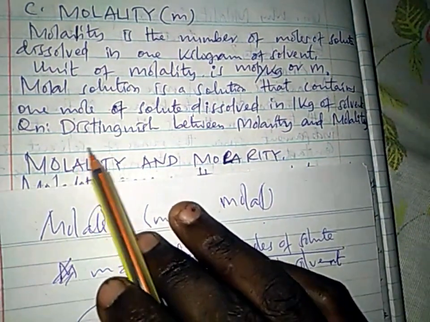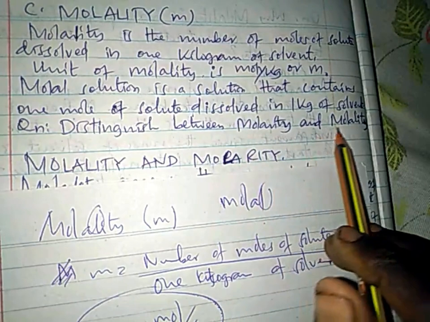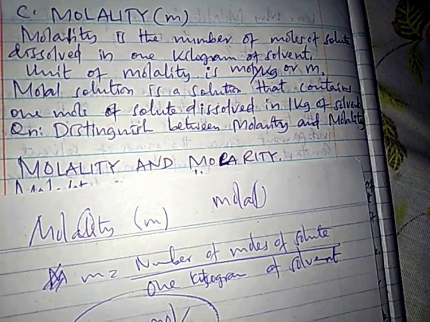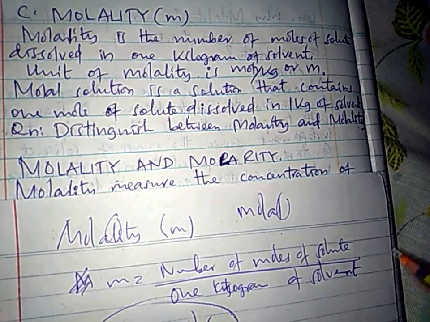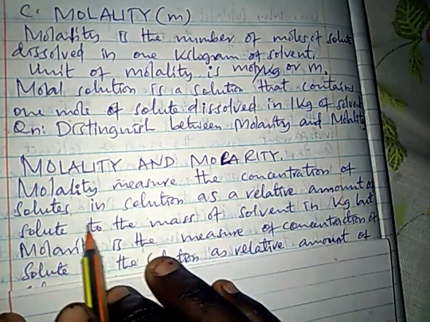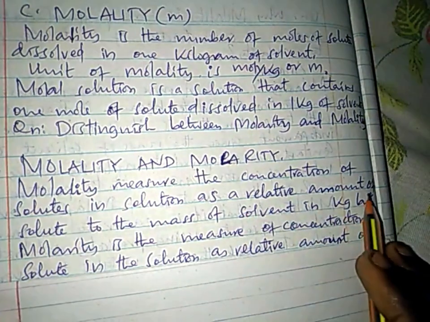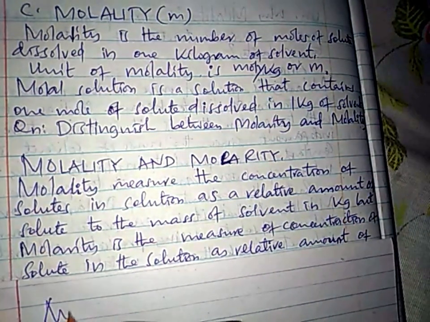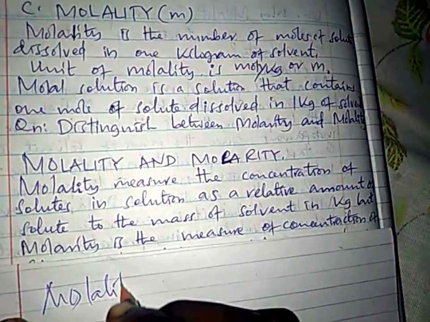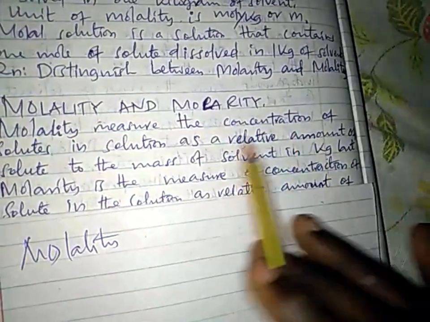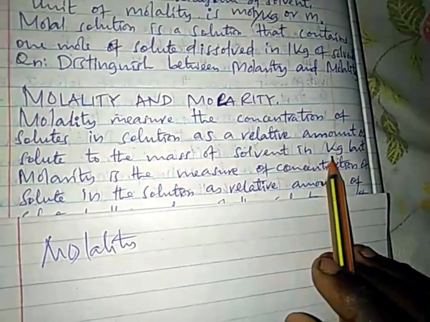And we have the question, for example, distinguish between molarity and molality. For the case of this question, we are just answering it based on their definitions. But let's discuss a little about their difference. Molality measures the concentration of solute in a solution as the relative amount of solute to the mass of solvent in a kilogram.